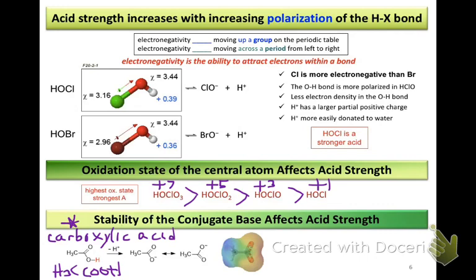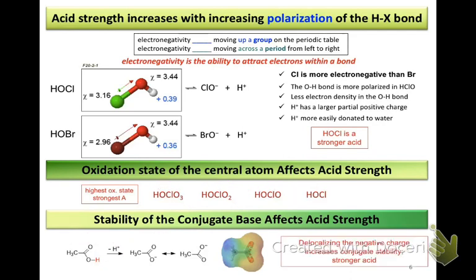It's delocalized electron density, and that adds to the stability of the anion that it leaves behind. So the greater the ability of that anion to support a negative charge, the stronger the acid. Delocalizing that negative charge increases the conjugate base's stability, and that's a stronger acid. The better it can do that, the better it's going to be at being an acid.